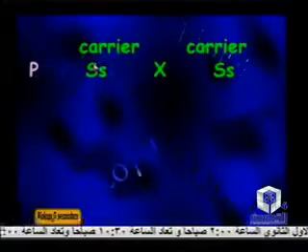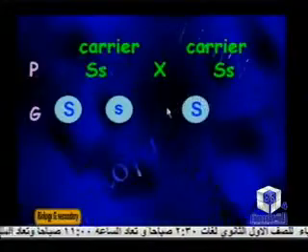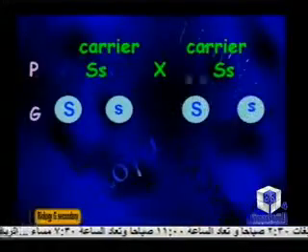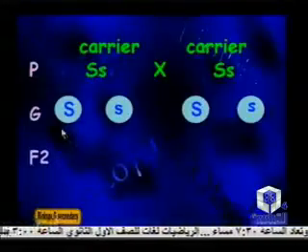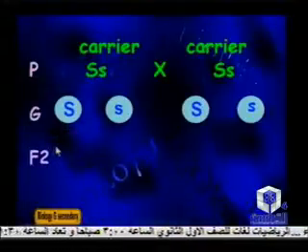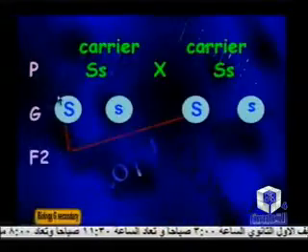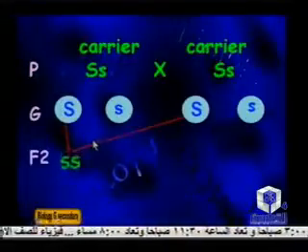For example, if two carriers are crossed together or married, what will happen? The gametes for both of them are S capital and s small. For the second generation, S capital S capital will appear.